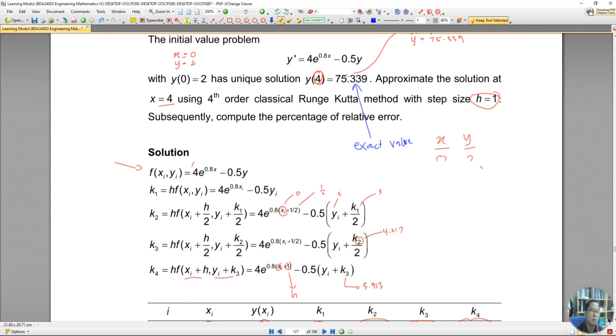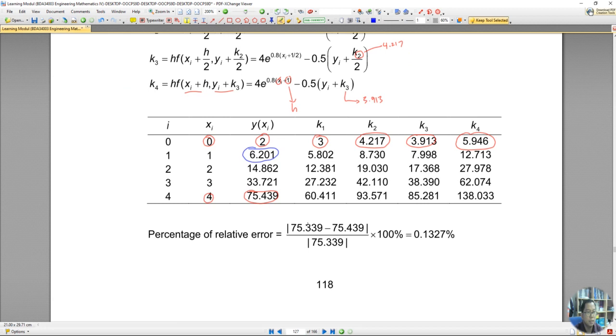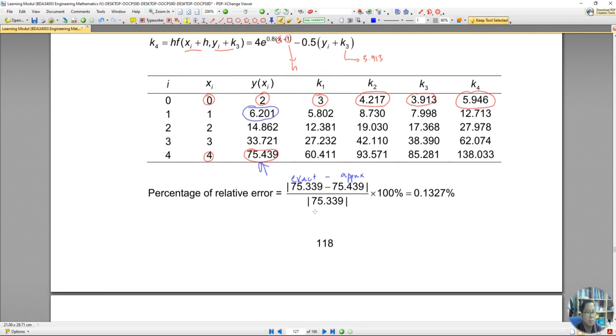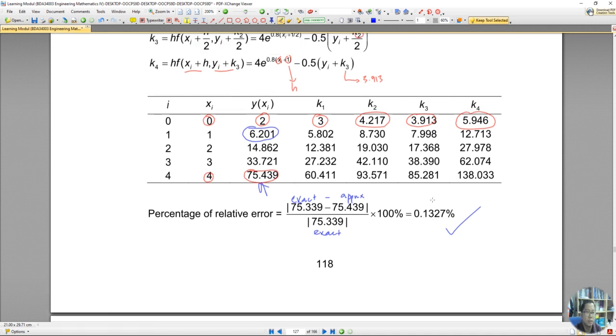You just use this value as your exact value, and then minus what you get here, in this case 75.439, which is the approximate, and then divide by the exact and multiply by 100%. So you will get this percentage, 0.1327%.